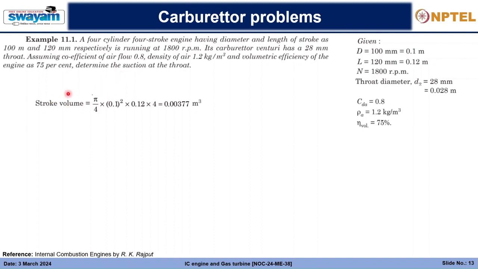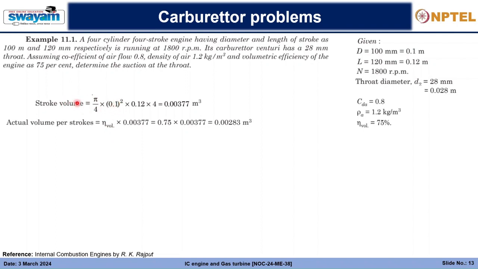So first we will find the stroke volume, which is simply pi by 4 d square into L into 4, because it's a four cylinder, four stroke engine. Then actual volume per stroke is eta volume times the stroke volume.